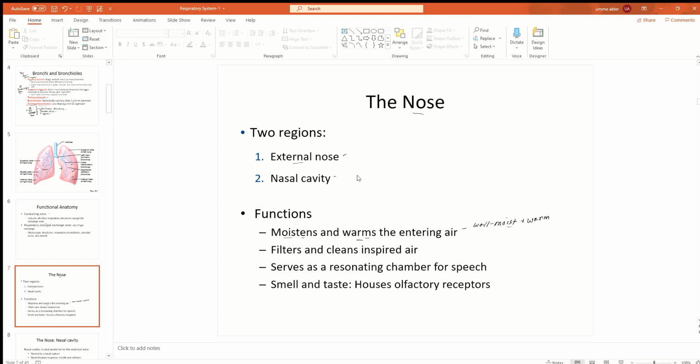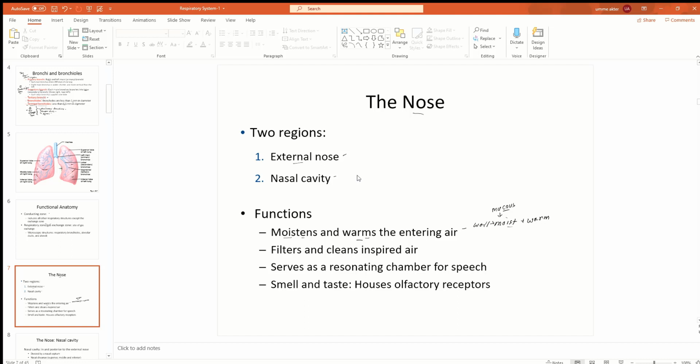Now why is the wall moist and warm? Because from the epithelial lining of the nasal cavity, mucus is secreted. So mucus is secreted, which is slippery and moist.